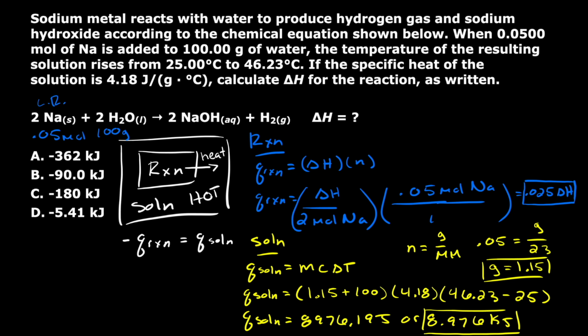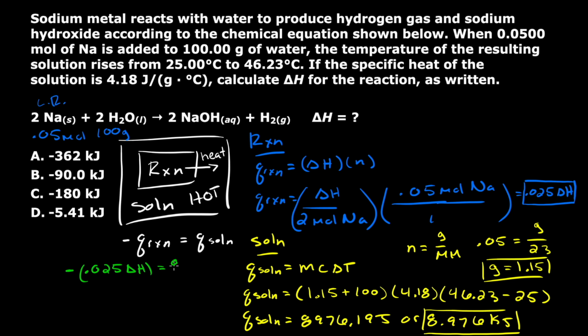And so what I'm going to do now is this equation right here, and this right here we already figured out is this right here. So I'm going to do 0.025 times this delta H value, and this negative here is going to be right there, and that's going to be equal to the Q of the solution, which is going to be this right here.